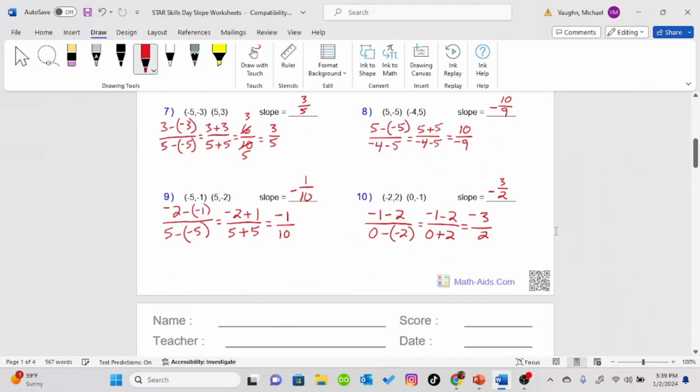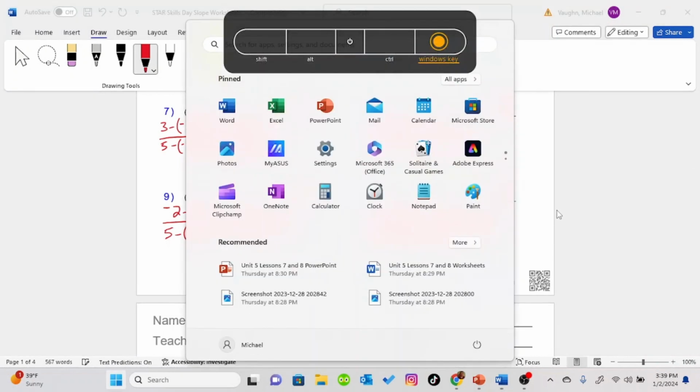For number 7, we can see that our answer is 3/5. For number 8, we see that our slope is negative 10 over 9. For number 9, our slope is negative 1 over 10. And finally, on number 10, our slope is negative 3 over 2.